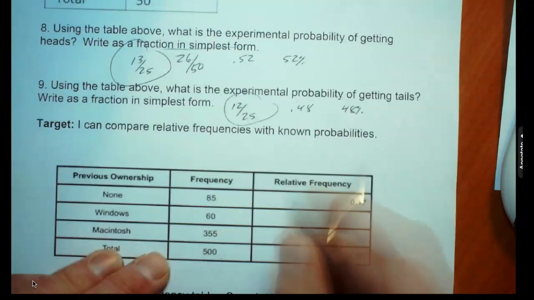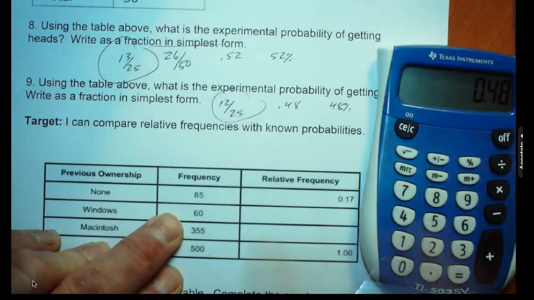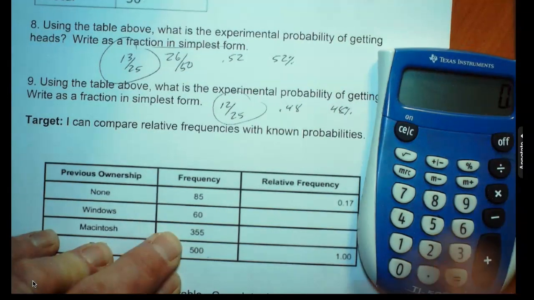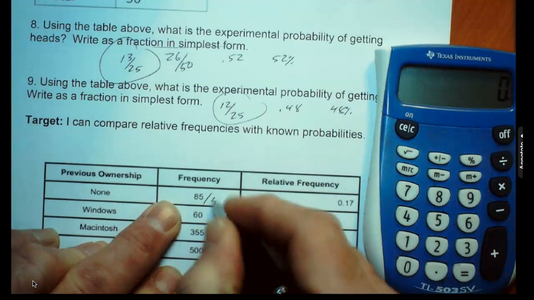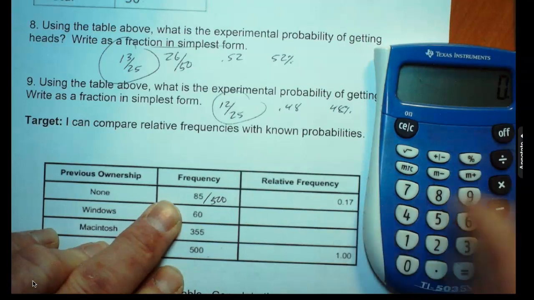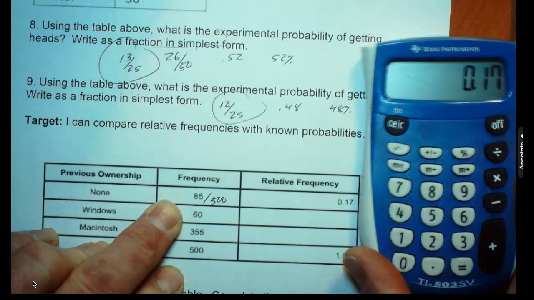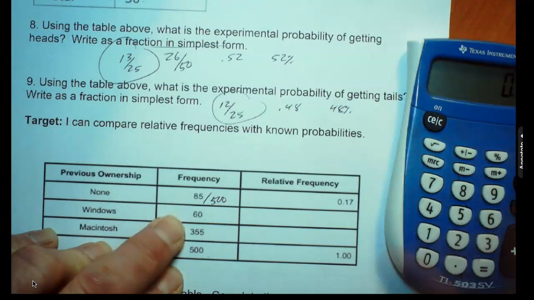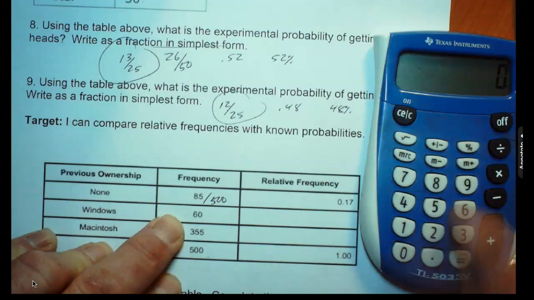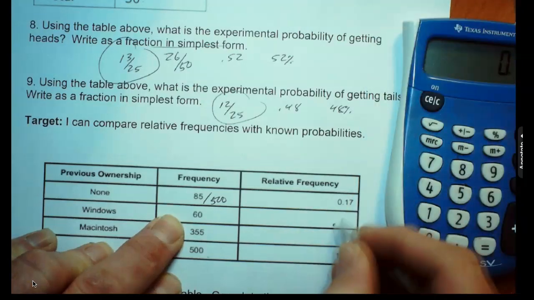If you want to check it, we'll take this 85 here, and we'll divide it by 500, and that should be that relative frequency there. 85 divided by 500 is 0.17, so that worked out pretty slick. So let's go ahead and double check this 60 here. 60 divided by 500 is 0.12 would be the relative frequency of a Windows user.